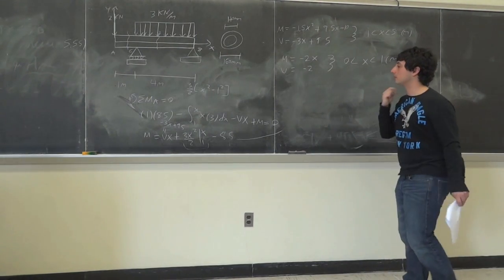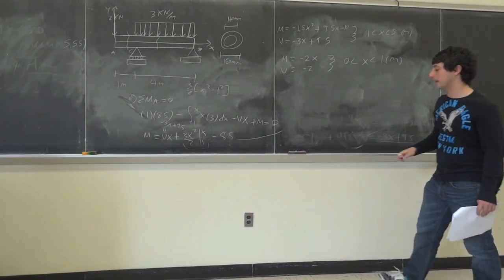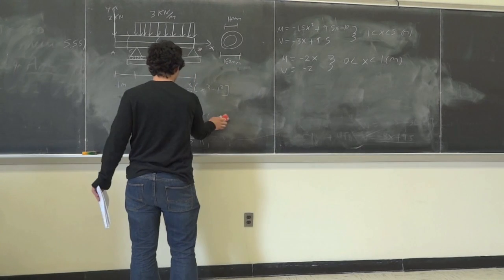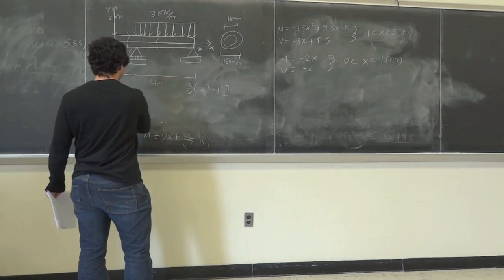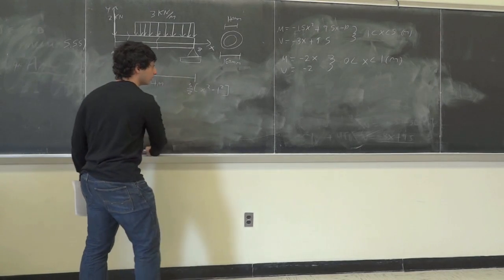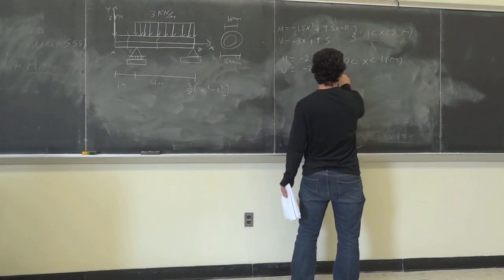So we have these two sections, right? Now we can draw the shear diagram and the bending moment diagram. Let's draw the shear diagram first.